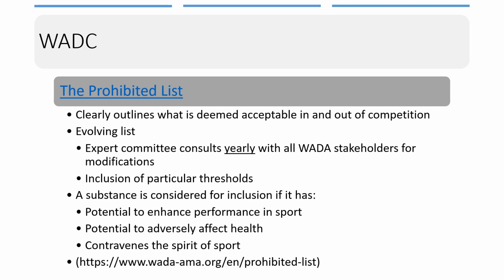The list development takes into account specific thresholds for certain substances, and when assessing the inclusion of a substance, several factors come into play. These include its potential to enhance athletes' performance, its potential adverse impact on health, and whether its usage goes against the core value of fair play and sportsmanship. This list is a crucial tool in fighting doping and safeguarding clean sports.